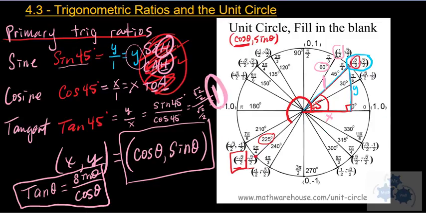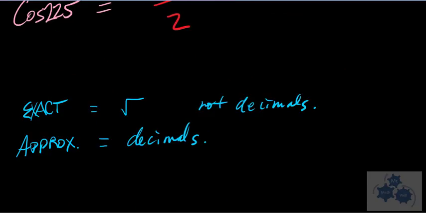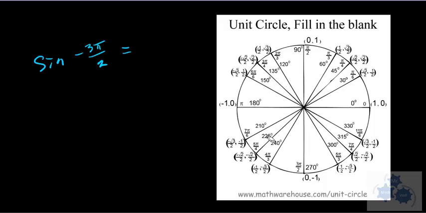Okay. Using your unit circle only, what about this one? What is the sine of negative 3 pi over 2? Go ahead and give that one a shot here. Who's got an answer for sine of negative 3 pi over 2?